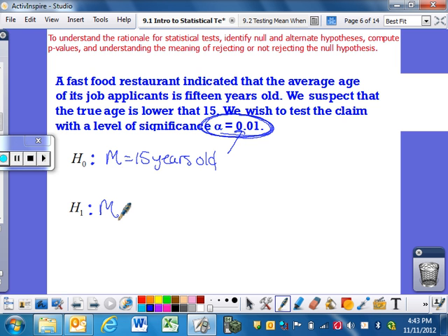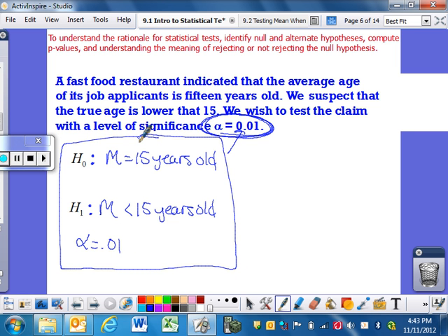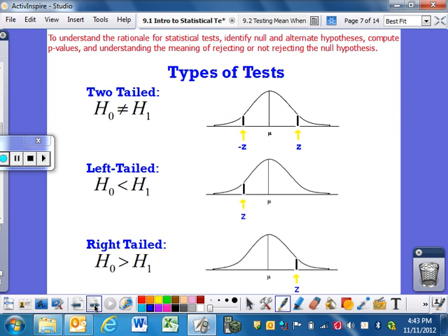We feel, I believe, that it's lower than 15, so less than 15 years old. And the other thing I'm going to want you to list is that my alpha is 1%. You need to list these three things every single time you do a hypothesis test. And that'll be points on each problem on a test or a quiz or anything else. So that is very important.